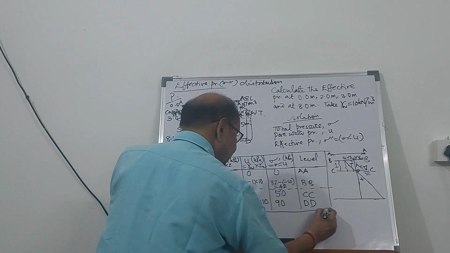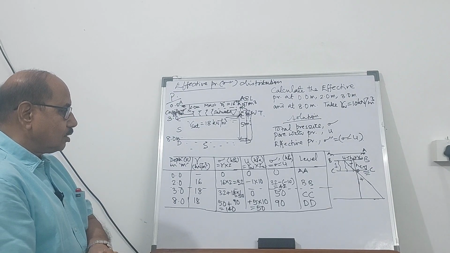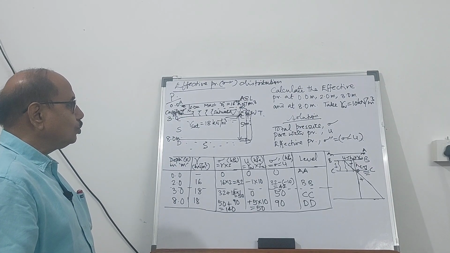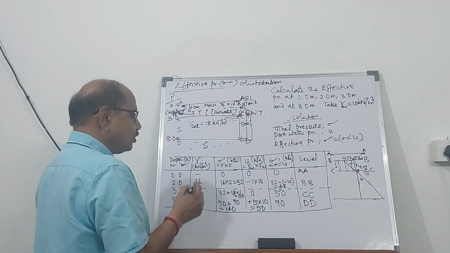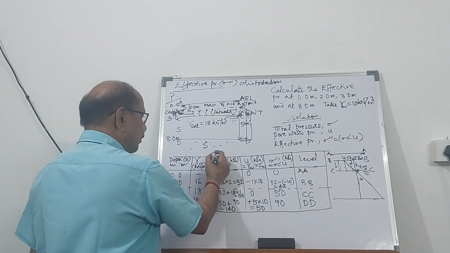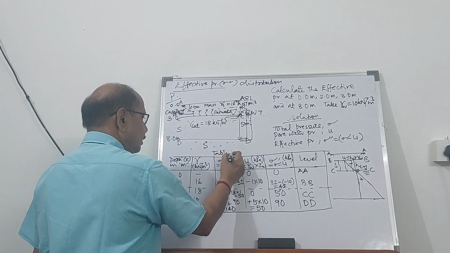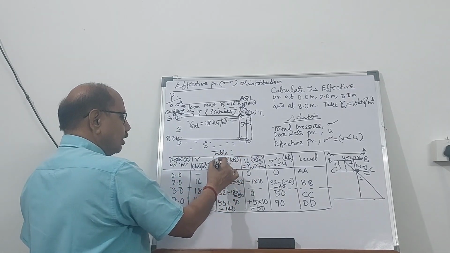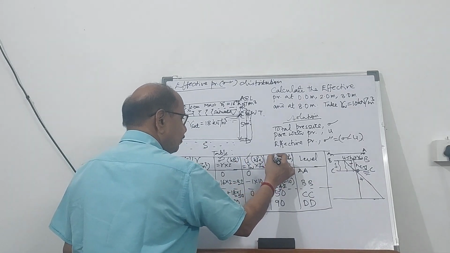So friends, you can see how the problems can be solved. Now, if you want to show the pressure distribution, once you calculate in a tabular form, in a table, you have shown the complete calculation of total pressure, pore water pressure, and effective pressure.